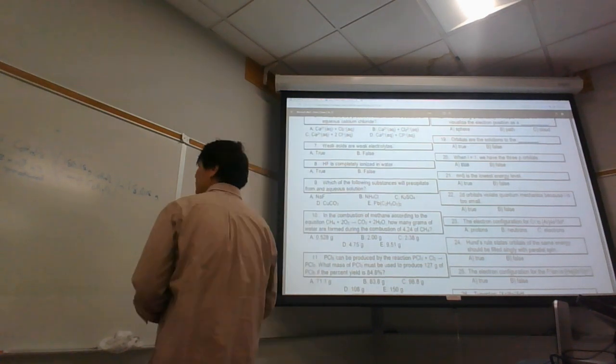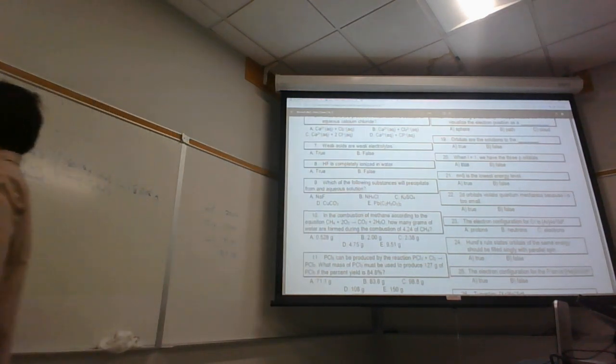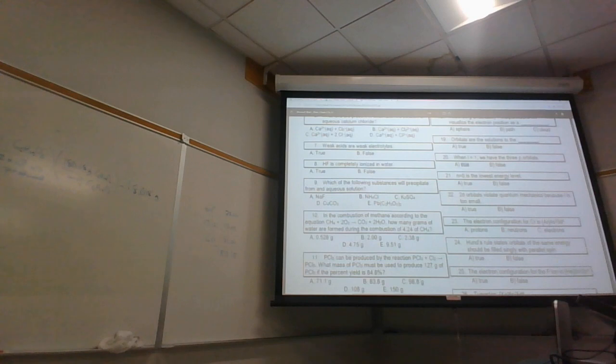The n value is given here. Like, for example, 1s. This is the n value. This is the L value, but it's written in letter designation. This is L equals 0. So a 1s orbital is an n equals 1, L equals 0 orbital.